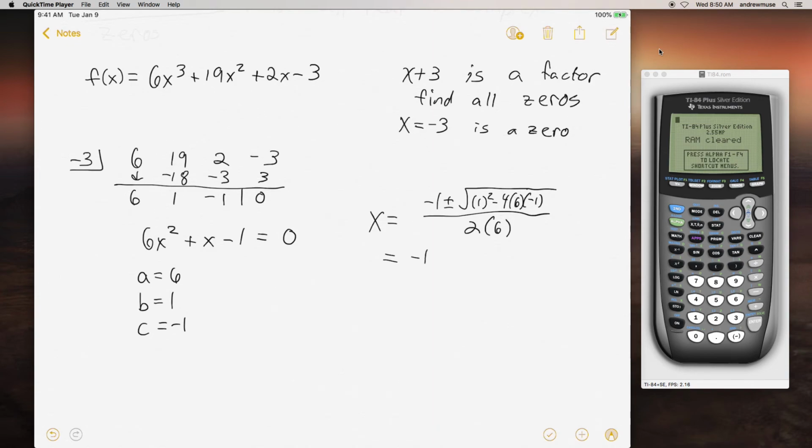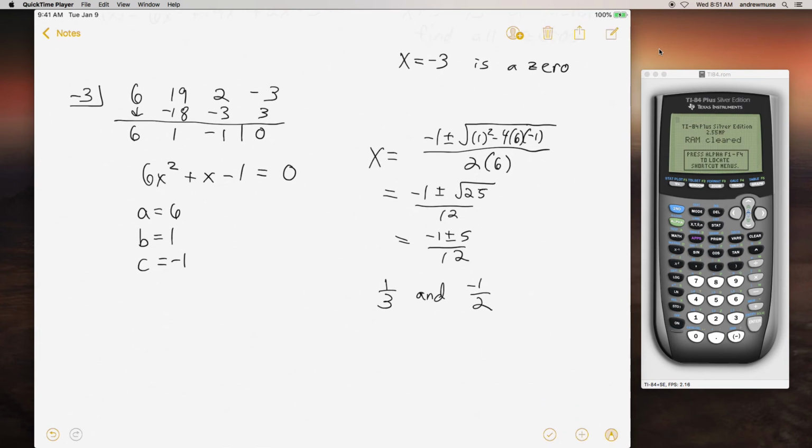So we get negative 1 plus or minus the square root of 25 over 12. So negative 1 plus 5 is 4 over 12, or 1/3. And then negative 1 minus 5 is negative 6 over 12, which is negative 1/2.